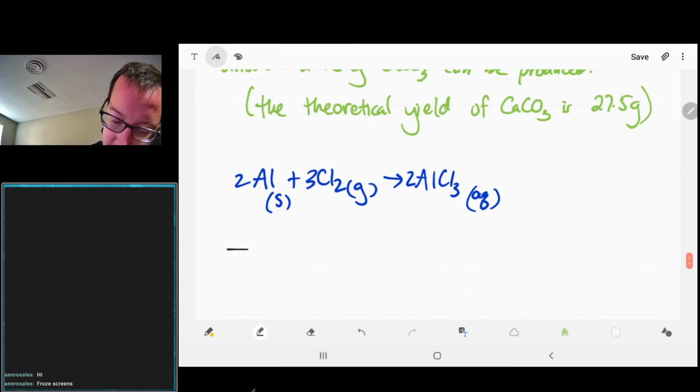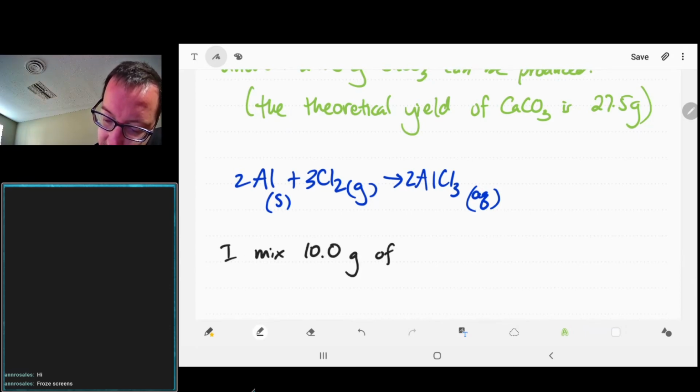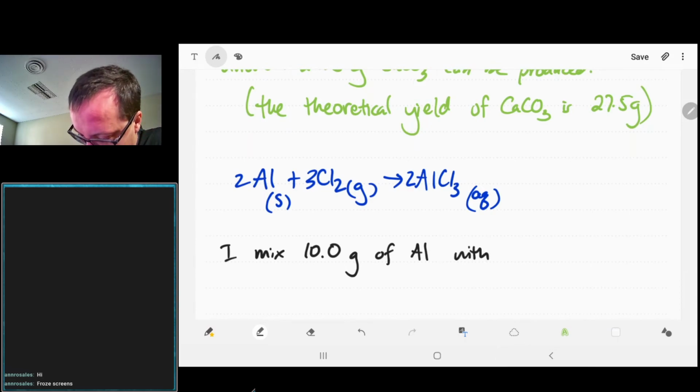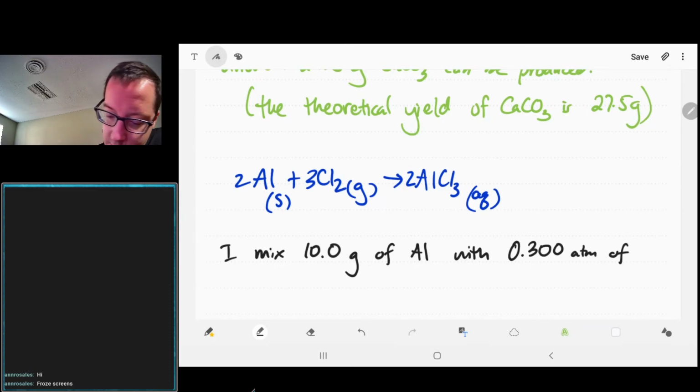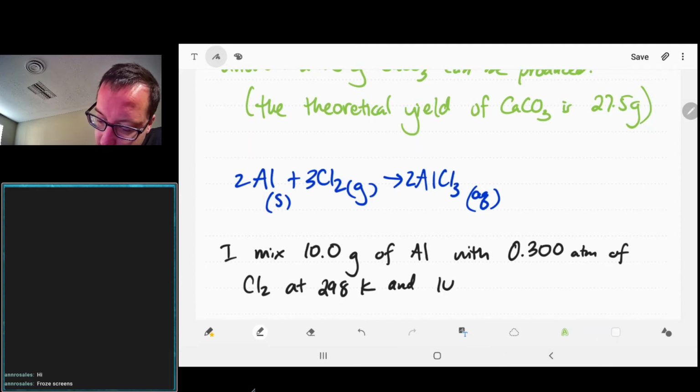Let's say I mix 10 grams of aluminum with 0.30 atmospheres of chlorine at 298 Kelvin and 10 liters.